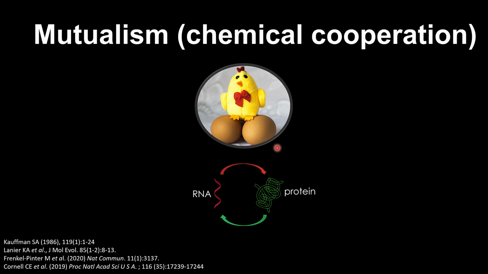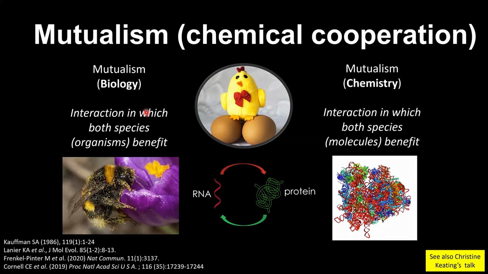And coevolution models suggest that neither nucleic acids nor protein came first, but rather that RNA and protein were selected together through a process of coevolution. So the idea here is that just as we have mutualism in biology, in which we mean interactions in which both species, as in organisms, benefit, for instance, the bee pollinates the flower and the flower supplies food for the bee, it's the same thing with chemistry when we talk about mutualism in chemistry, where it is an interaction in which both species, as in molecules, benefit.